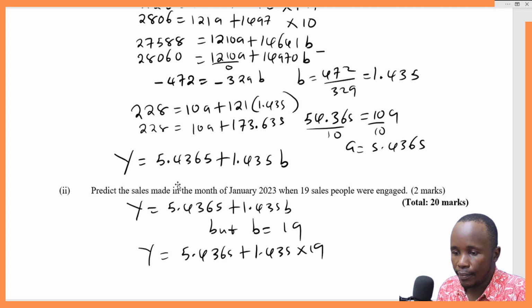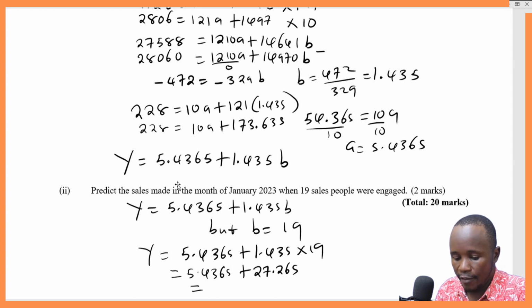What do we get here? 1.435 times 19 gives you 27.265. When I add this to 5.4365, I get 32.7015.